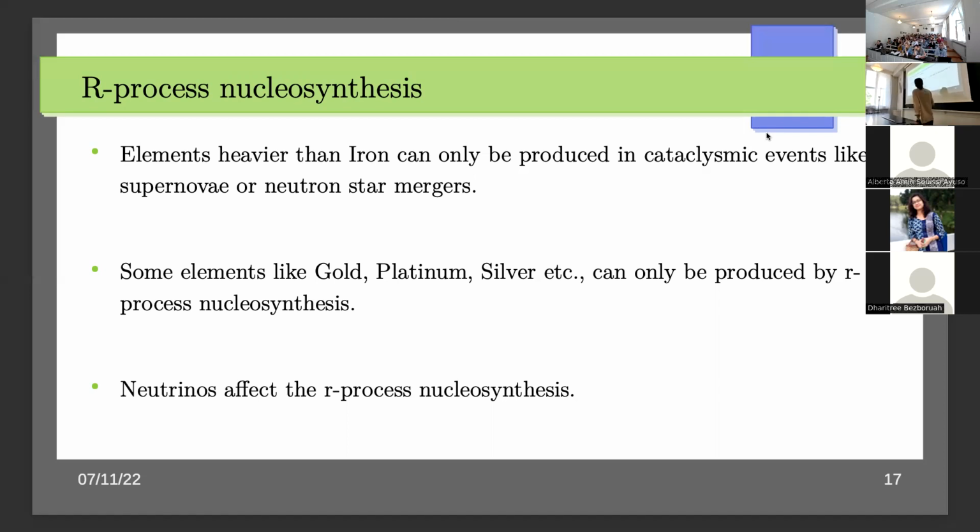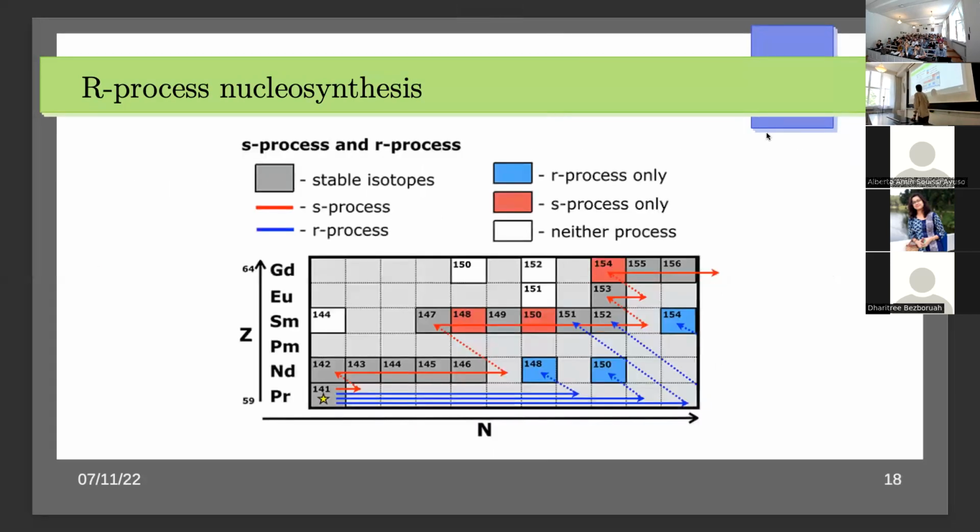So how are elements which are much heavier, like gold, platinum, silver, etc., formed? Some of these elements are formed by a process called rapid neutron capture, in short, the r-process. And neutrinos affect the r-process nucleosynthesis. So let us look at what I mean by rapid neutron capture.